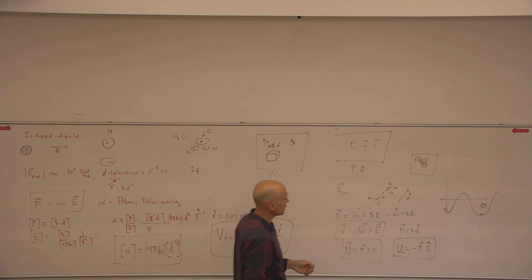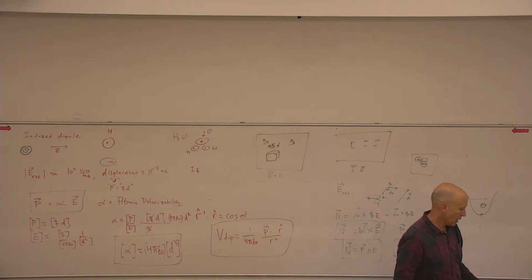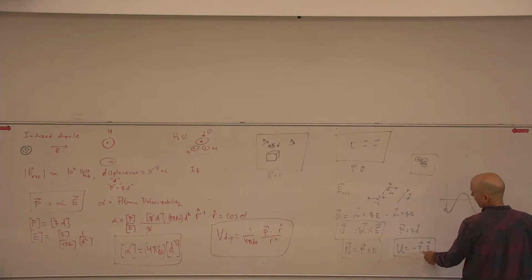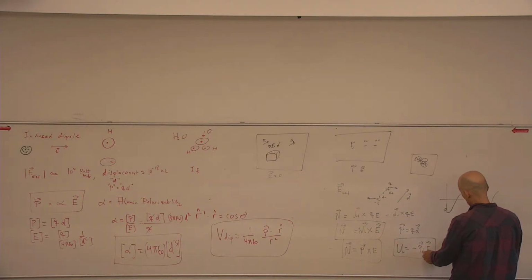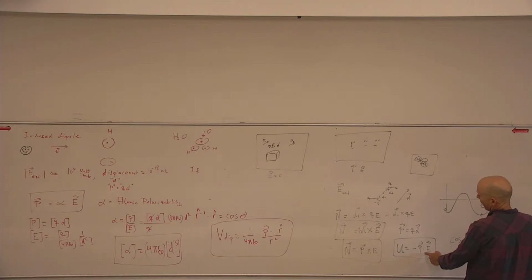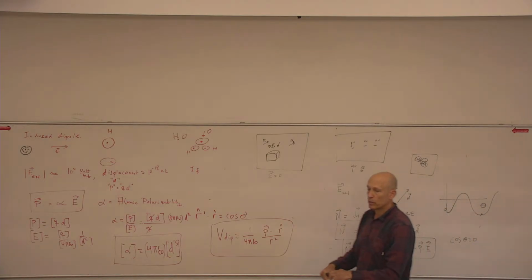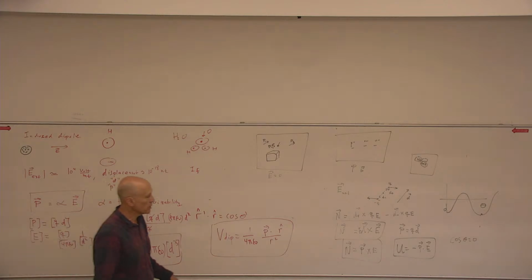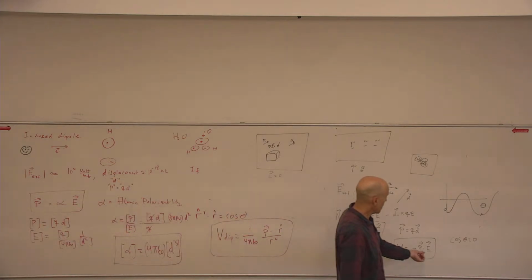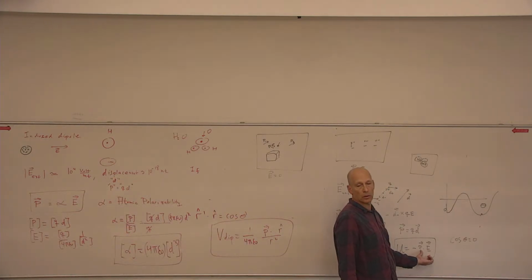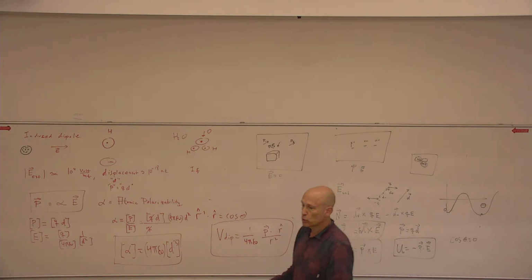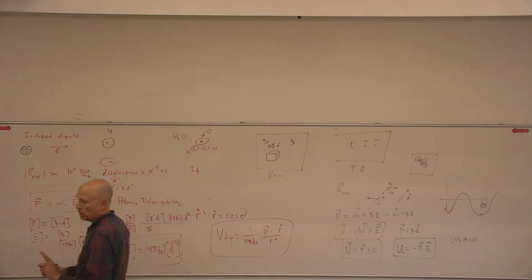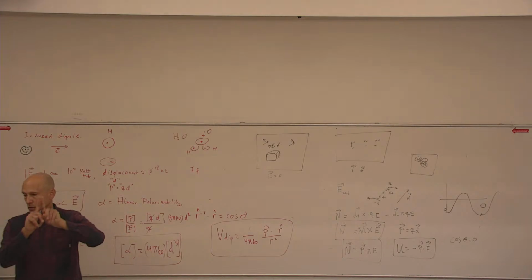What does this mean? When cosine theta is equal to 1, you are at the minimum of the energy, because P is positive, let's say E is positive. You are at the minimum of the potential, which means that you want to align in the same way.